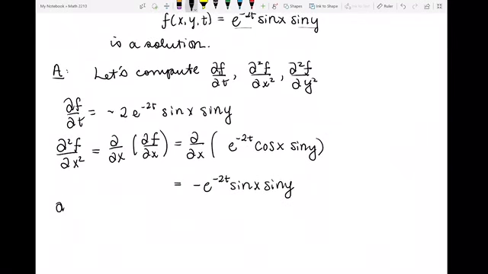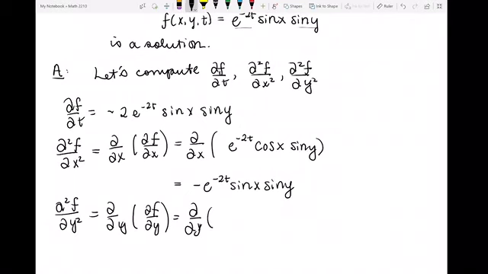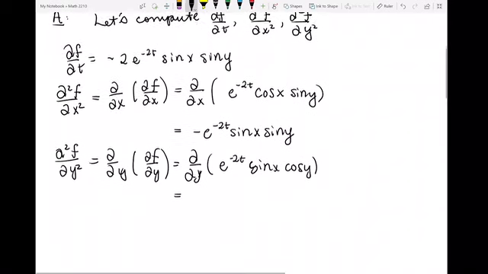Let's calculate the second partial with respect to y. Same as before, I can first calculate the first partial with respect to y and save myself a little effort here. Let's just do this quickly. E to the minus 2t, it will now be sine of x cosine of y, kind of symmetric to the one before.